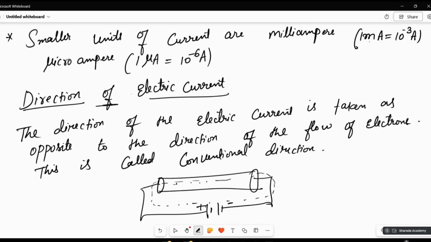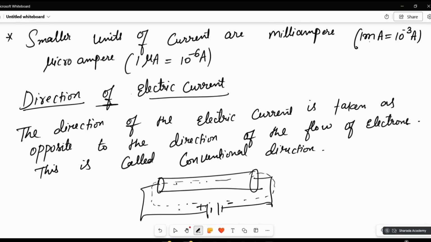But when we write the direction of the current, we write it opposite to the direction of the electrons.